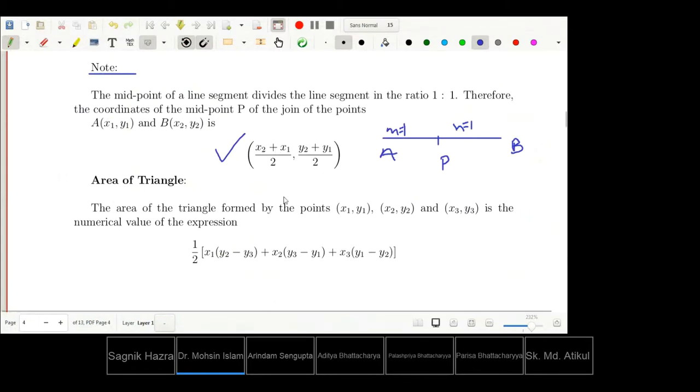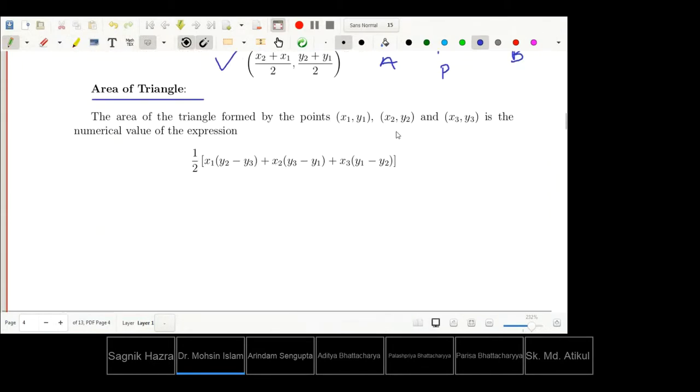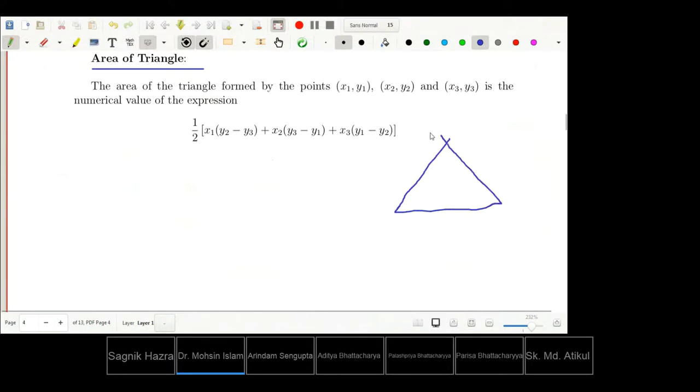Also, I just want to share with you the formula for the area of a triangle. This is the triangle in the coordinate axis. A, B, C are the points x1 y1, x2 y2, x3 y3. So what is the area of the triangle? It is simply, you look at that, 1 2 3, 2 3 1, 3 1 2, and you have a minus sign here.